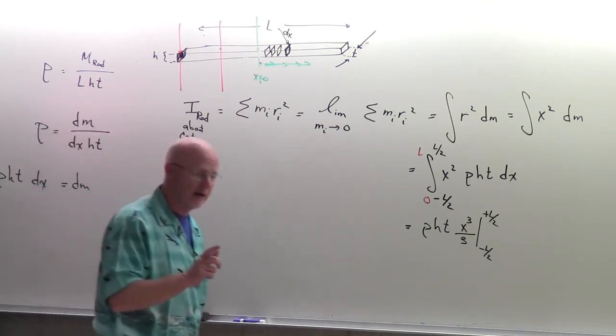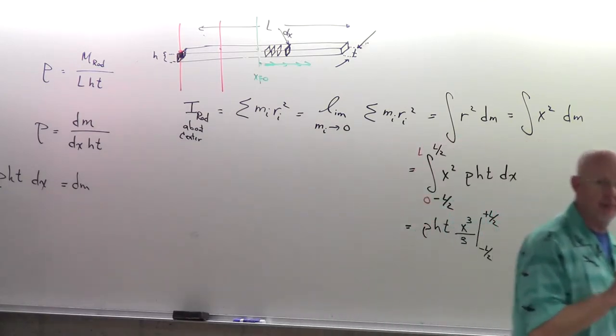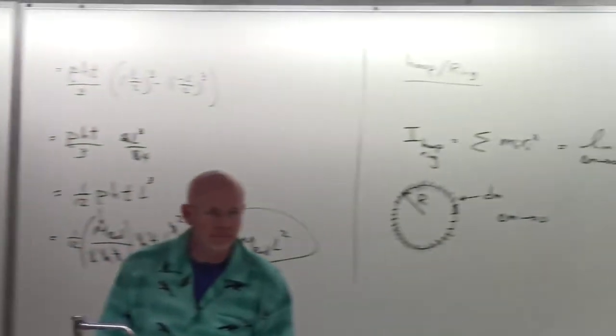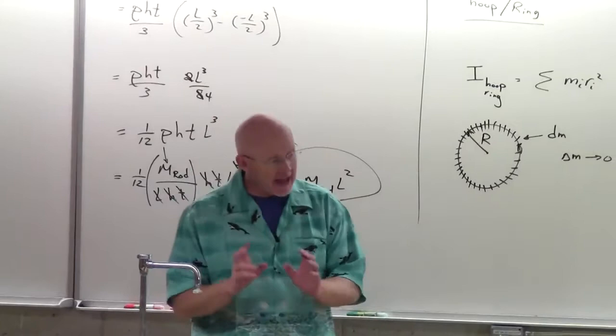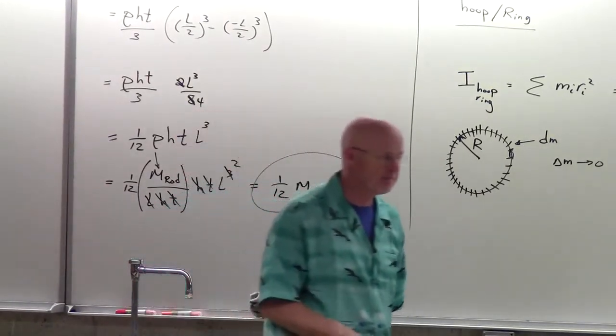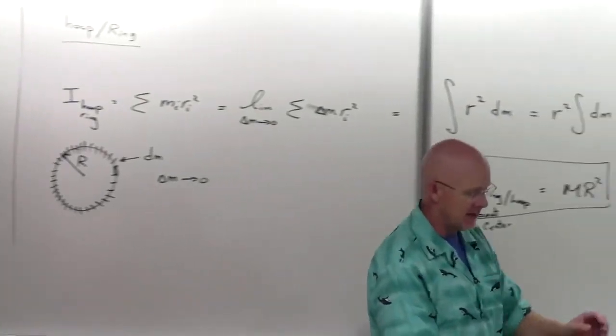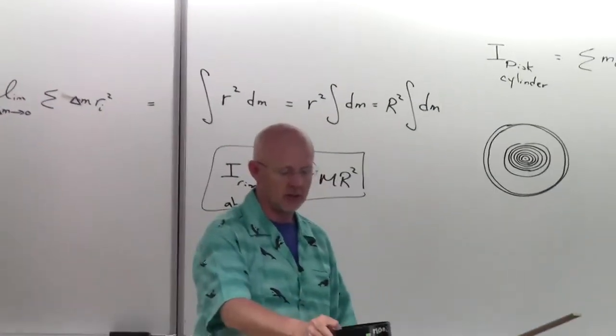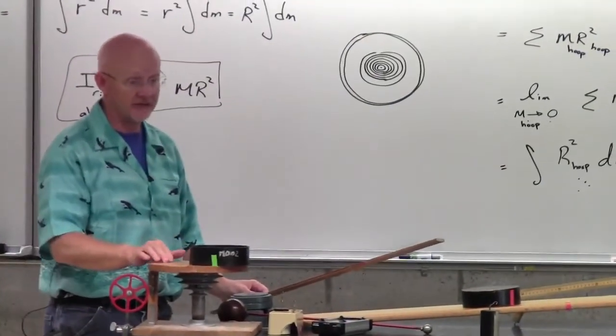And we could do that integral, but I'll show you something even better. Because that would not be hard to do off center. This is a lot harder off center.